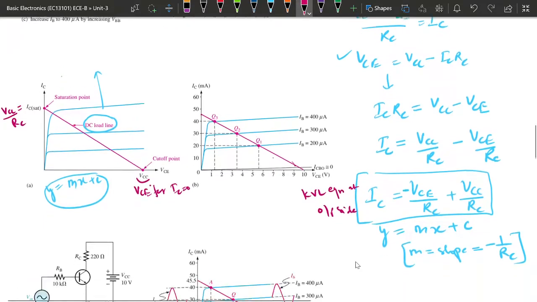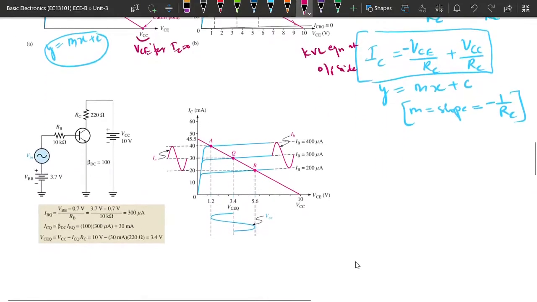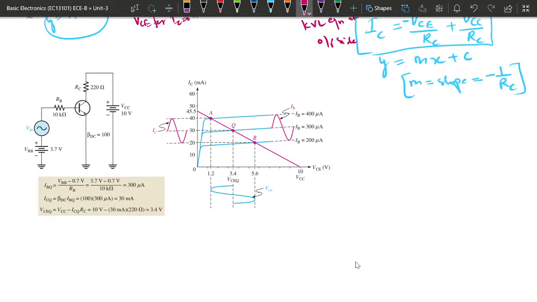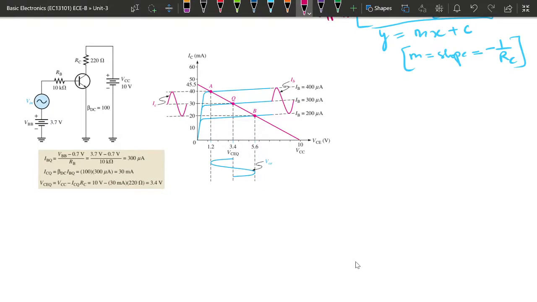If we have selected it that way, then that transistor will be working as an amplifier. Okay, so how amplification takes place, we can just see from this diagram.